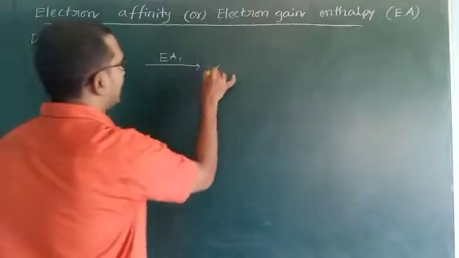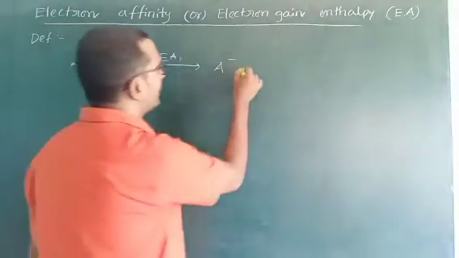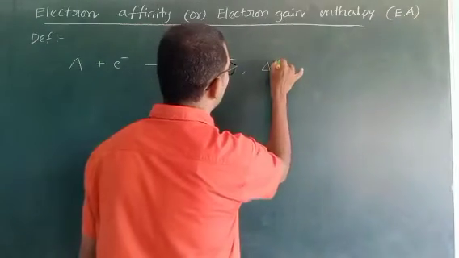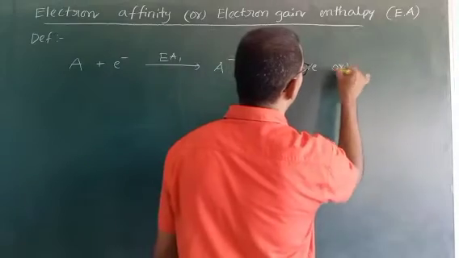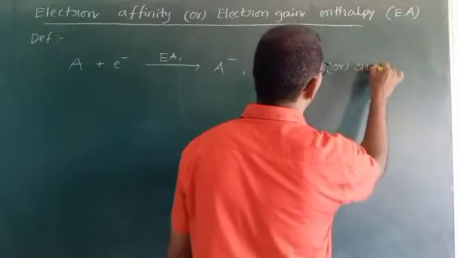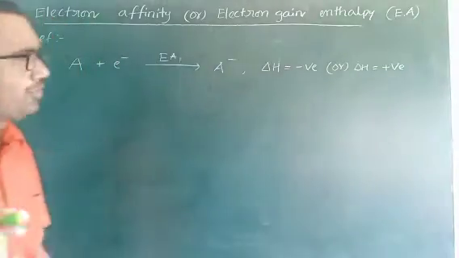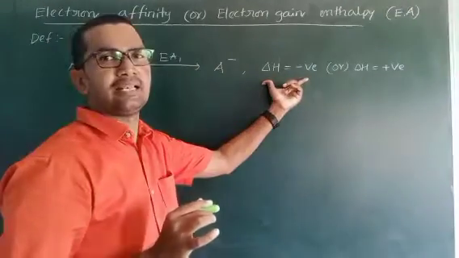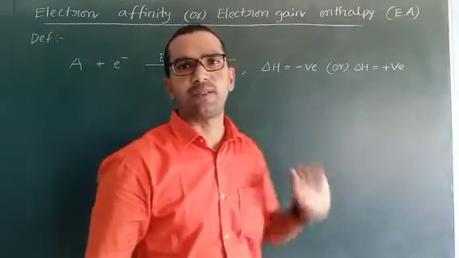It is converted to A minus. So, simply it is represented as delta H is equal to negative or delta H is equal to positive. Two possibilities are there. When energy is released and when energy is absorbed, I will explain now.